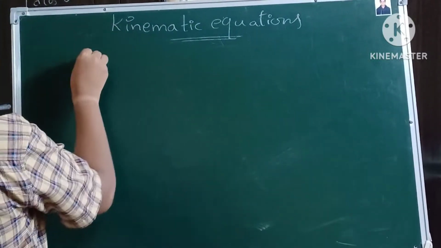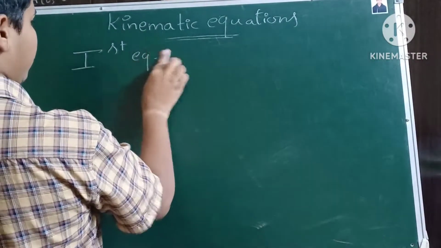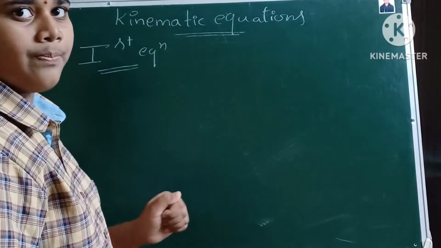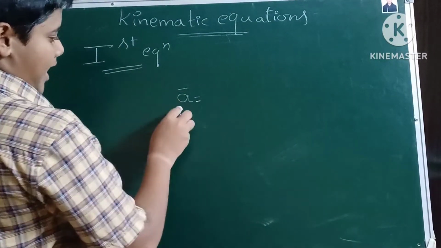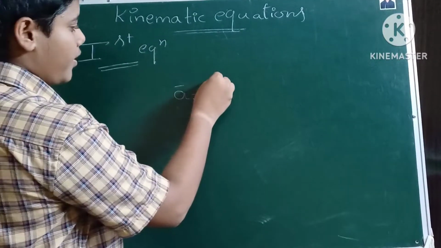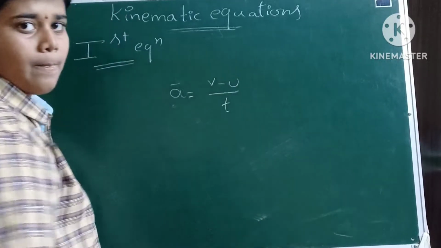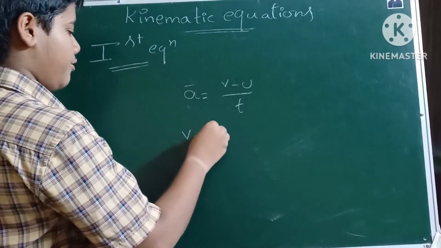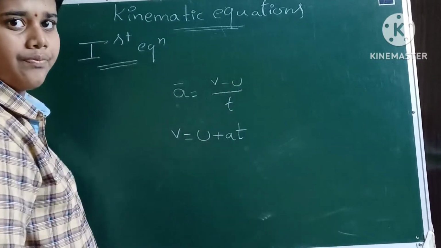So what is the first equation? We already know A bar, acceleration, is equal to final velocity minus initial velocity by time. We already discussed that final velocity is equal to initial velocity plus acceleration into time.